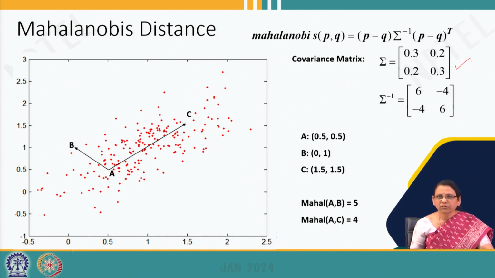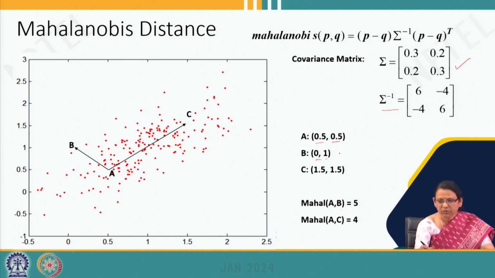As I told you, from whatever data set you already have with you, from that sample you will be making your covariance matrix. Now, once you have this covariance matrix, which in this case is given to you, take its inverse and P minus Q. Here, when we take A and B, the first point is this, that is your P, and the second point is this, that is your Q.